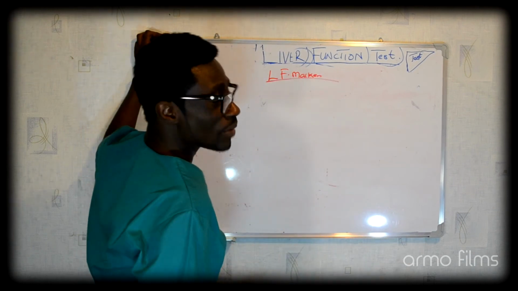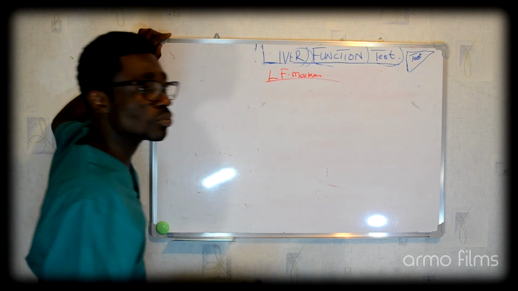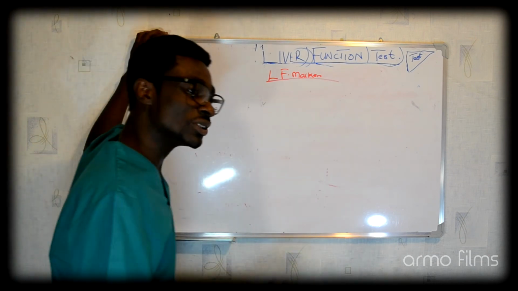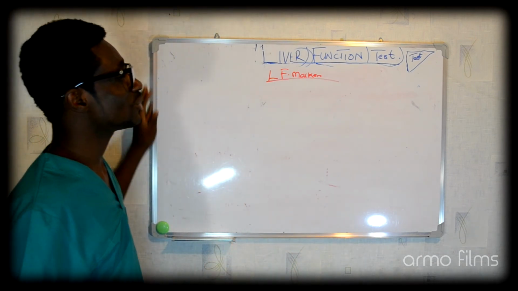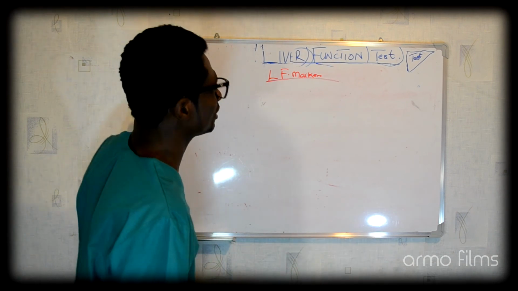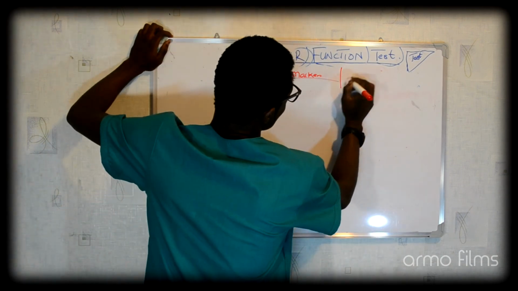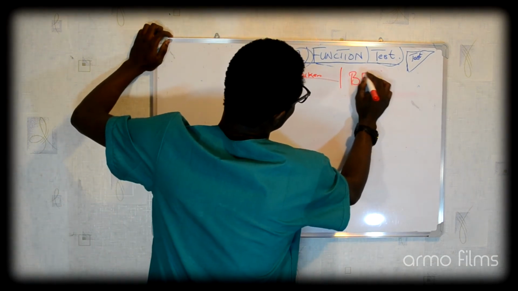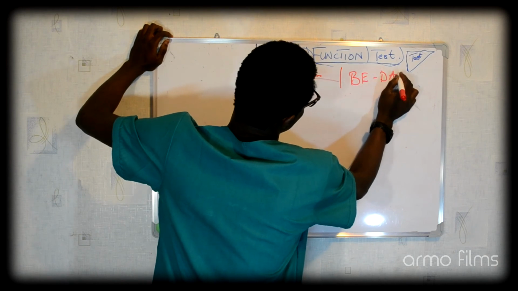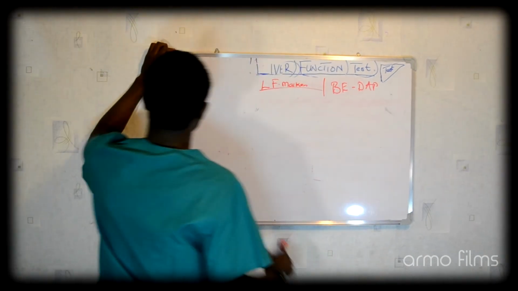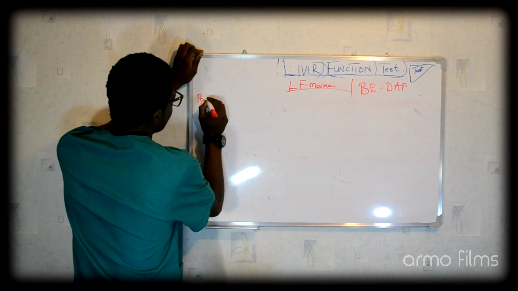These are the parameters that we see in the liver function test results. I have a mnemonic for that, which is BDAP. You have B for bilirubin.